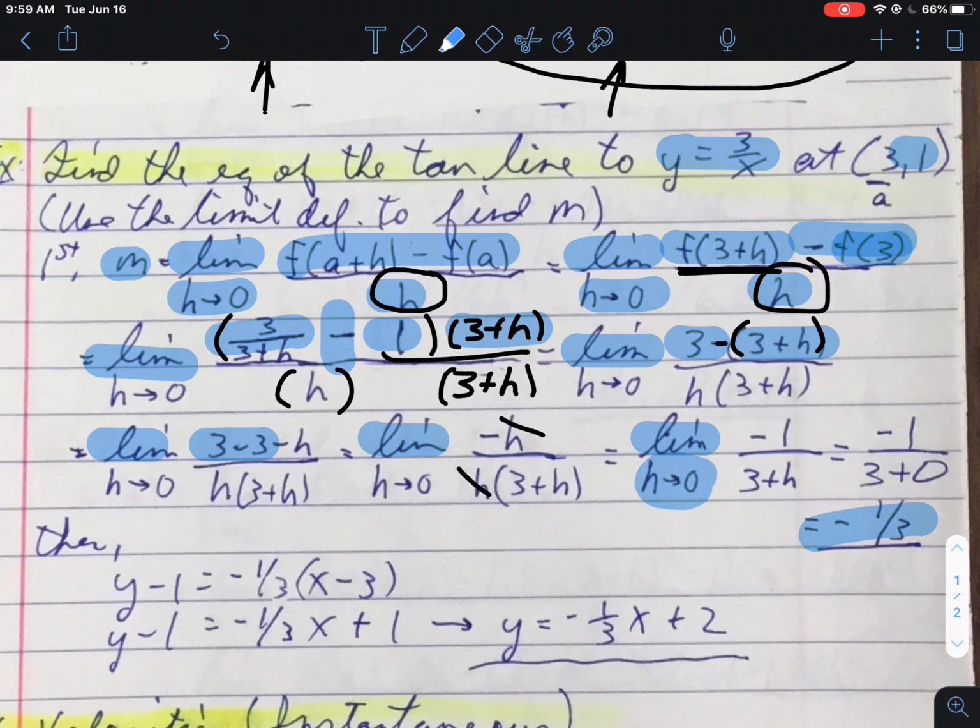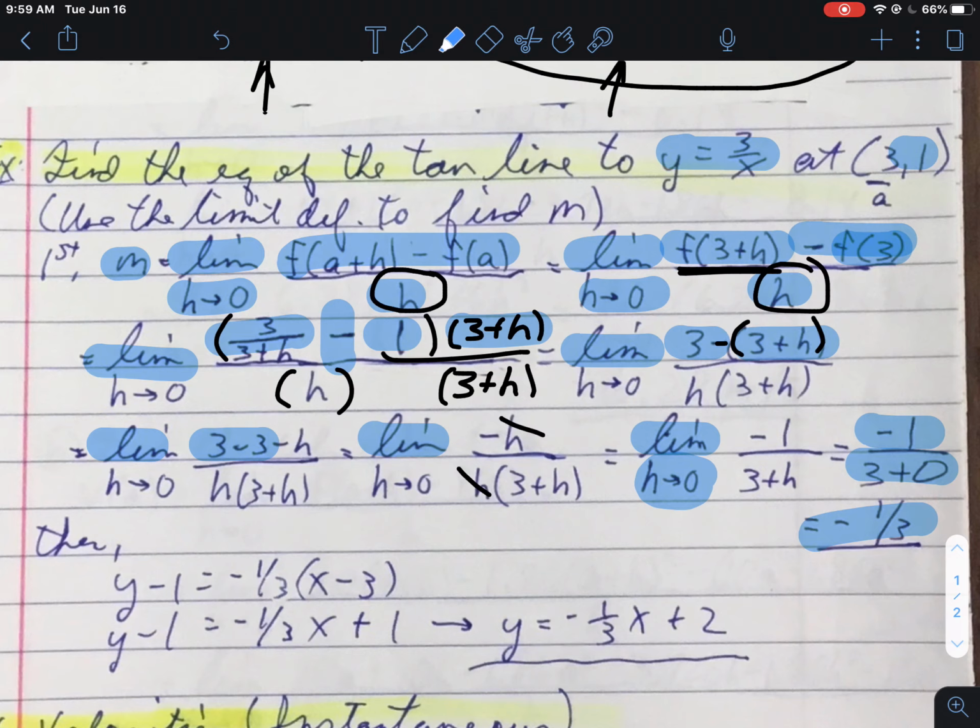Then I got rid of the limit statement, because now I'm actually evaluating the limit. So the notation needs to be correct. If you leave that limit statement off, I will deduct. And there is no limit statement on the final step because you're actually evaluating the limit, and I've got a value of negative 1/3.